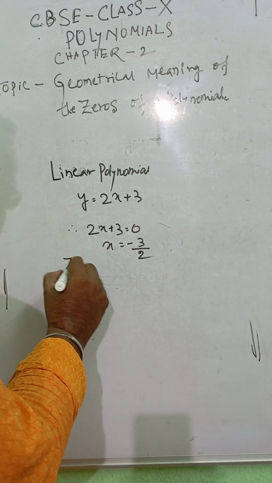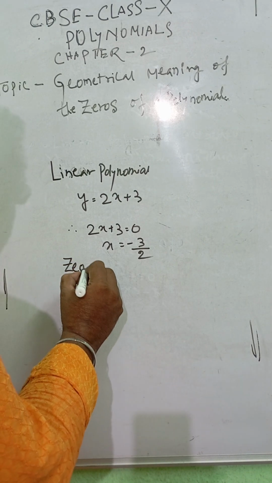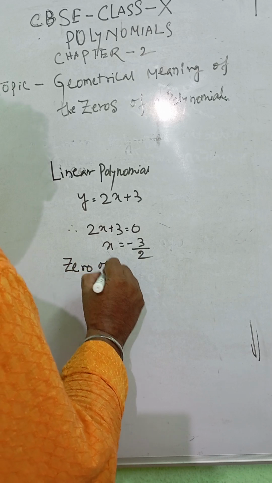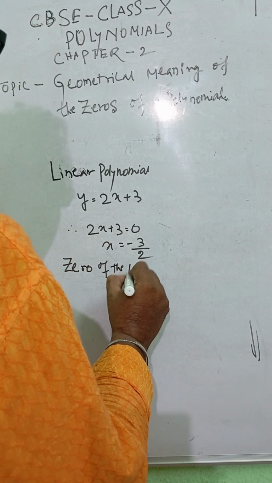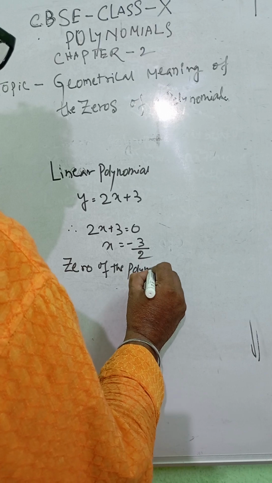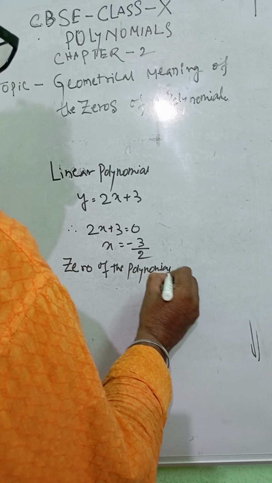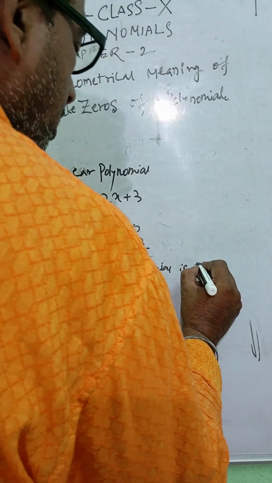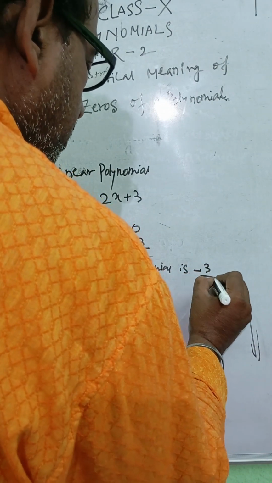That is, the zero of the polynomial is minus 3 by 2.